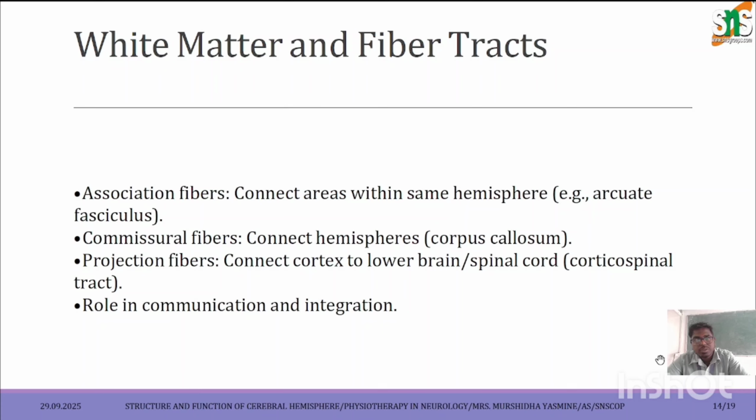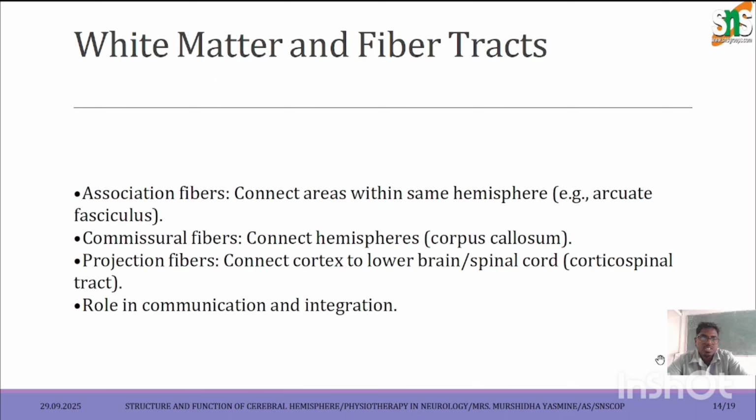Next, we're going to talk about the white matter and the fiber tracts, which are present in the inner layers of the brain. The association fibers connect the areas within the same hemisphere. For example, the arcuate fasciculus is one of the association fibers connecting different areas of the brain.